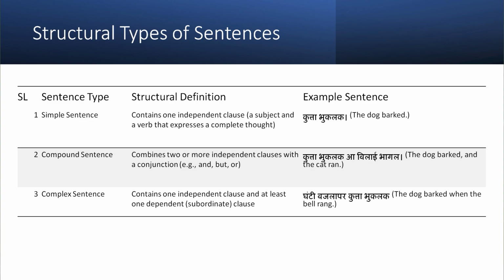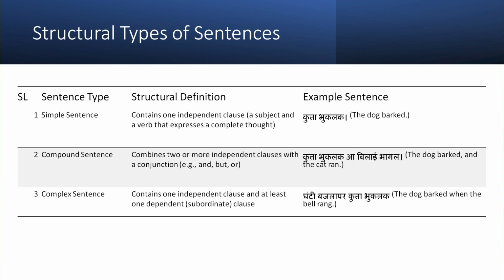So, it is a subordinate clause. The same thing in Maithili would be "ghanti bajla par kutta bhuklak", where ghanti is the word bell, "bajla par" is like after ringing, and then "kutta bhuklak", which is the dog barked.